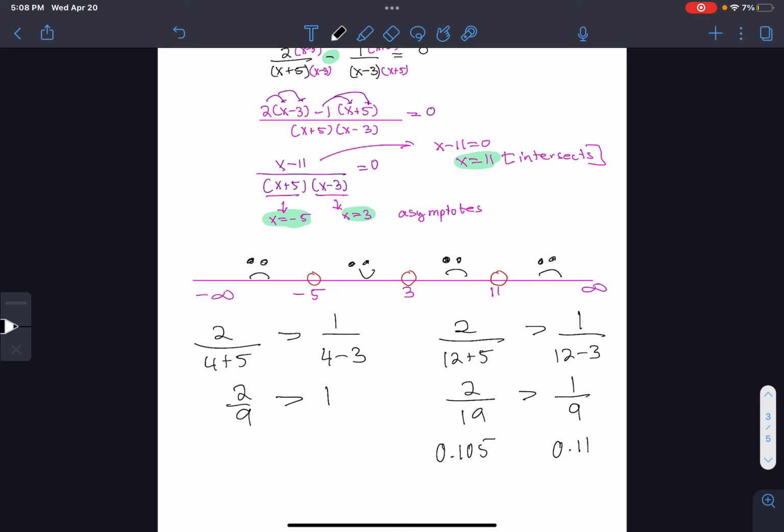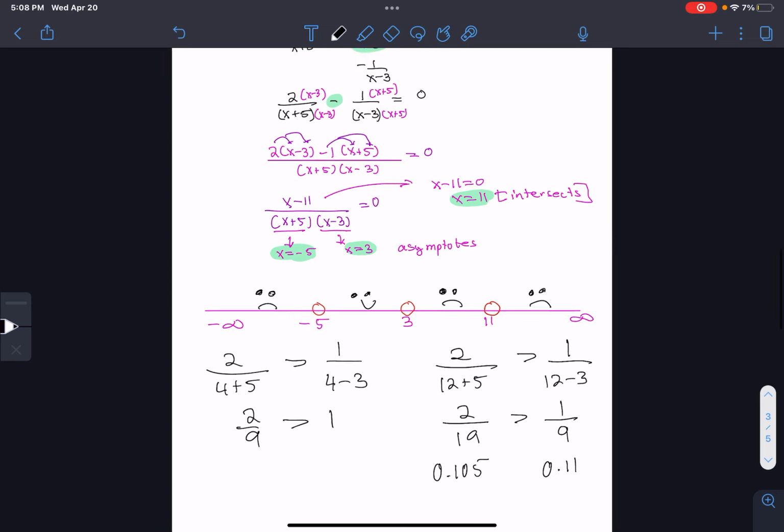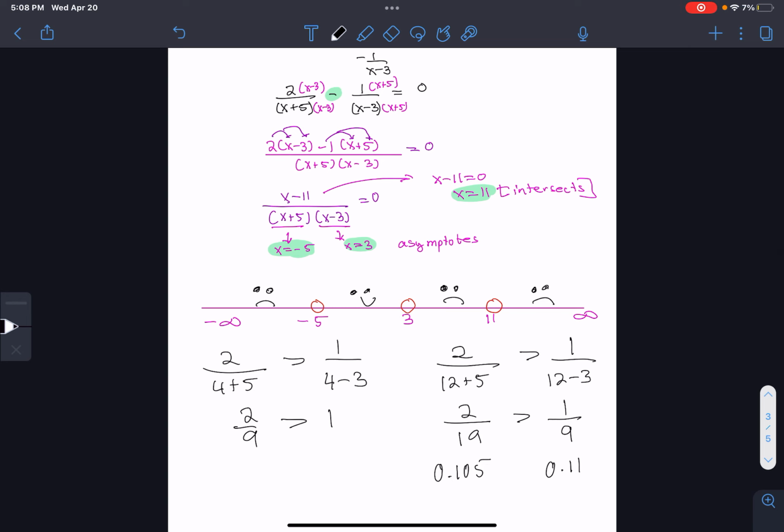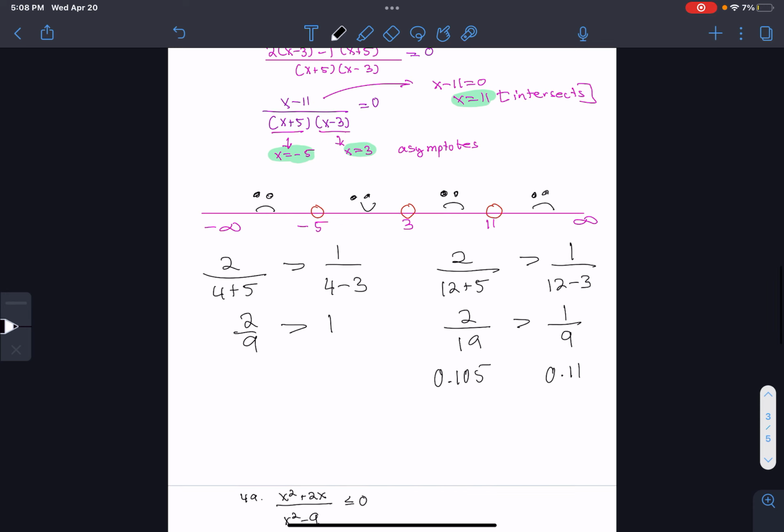Right? So once again, that's kind of weird, right? Because normally you'll see an alternating pattern. We're just going to double check our math real quick. When I plugged in 4 to the left side, that is definitely 2/9, and that's 1. 2/9 is not bigger than 1. And if I plug in 12, we got 2 over 19 and 1 over 9, and 2 over 19 definitely does not work.